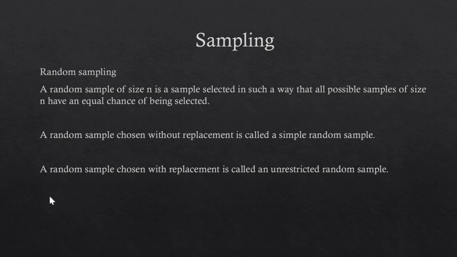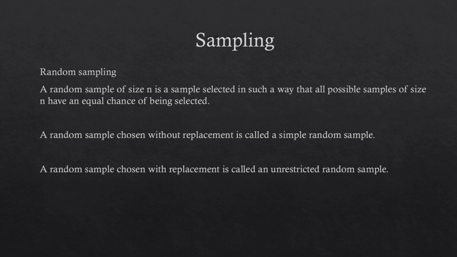If the teacher picks on a student and the student refuses, and the teacher says, all right, we don't need the person, we can just play the game as us, then it would be a simple random sample. But if the teacher says we need to have someone else replace them, then it's called an unrestricted random sample.